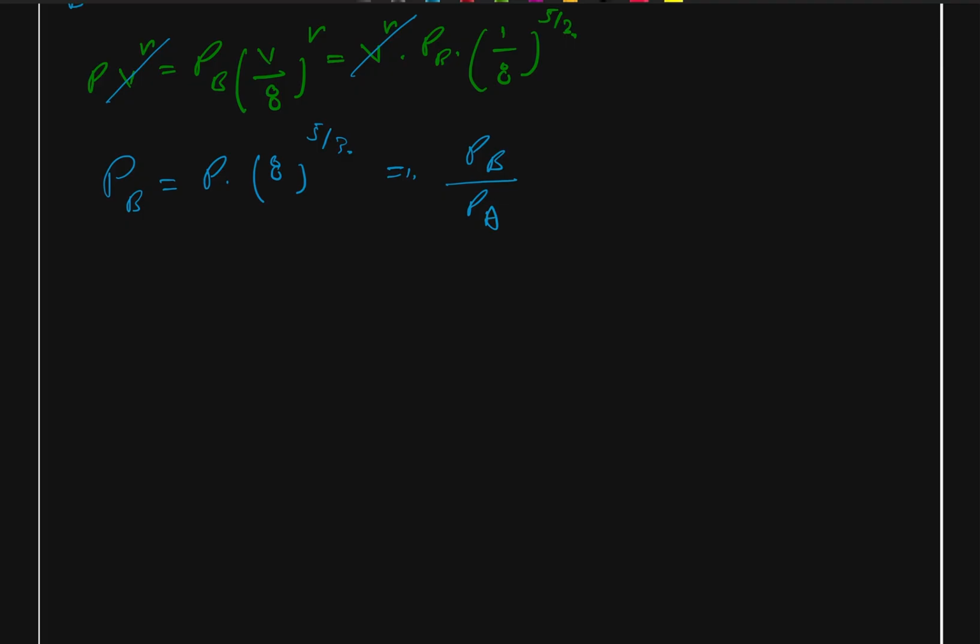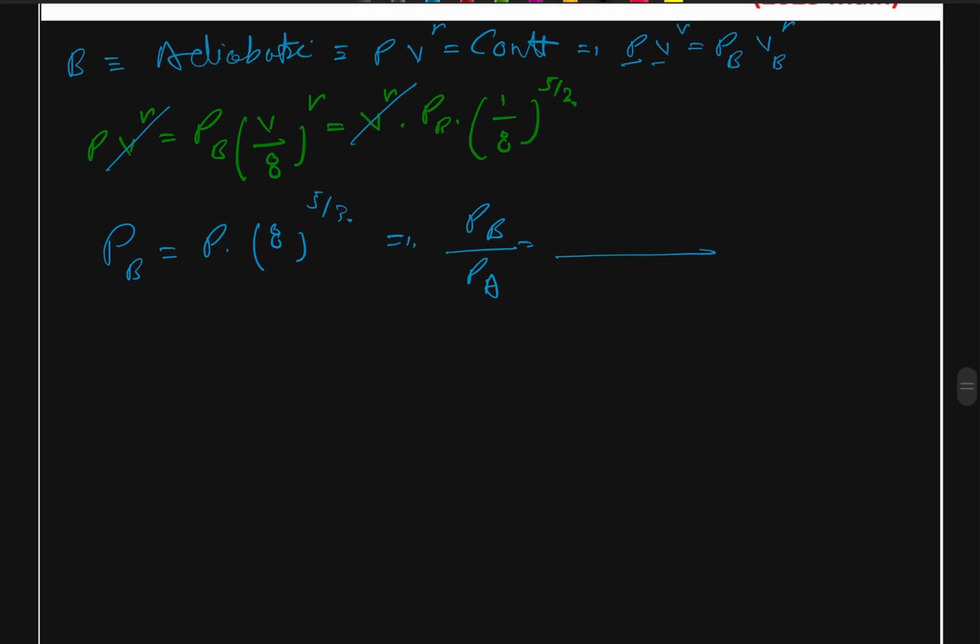PB to PA is equal to P times 8 raised to power 5/3, divided by P multiplied by 8. So here P and P cancel out, and this comes as 8 raised to power 5/3 minus 1, which will be 2/3. 8 raised to 2/3, the cube root will be 2, and 2 square is equal to 4.